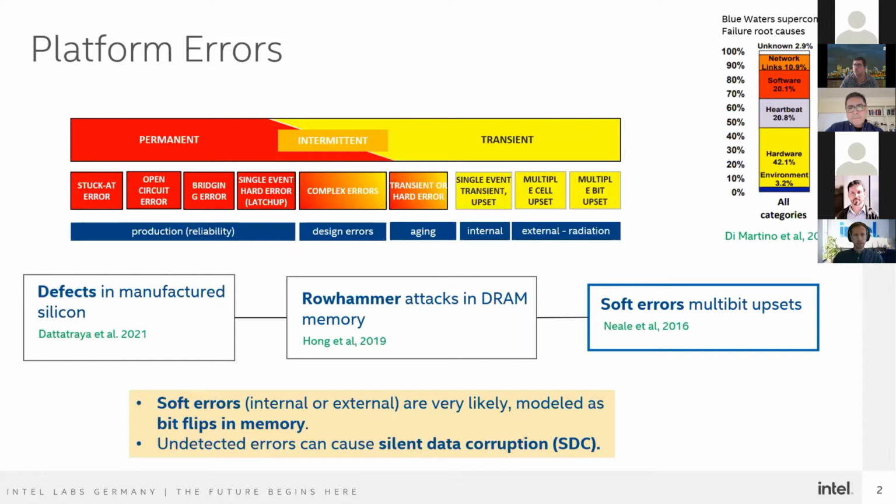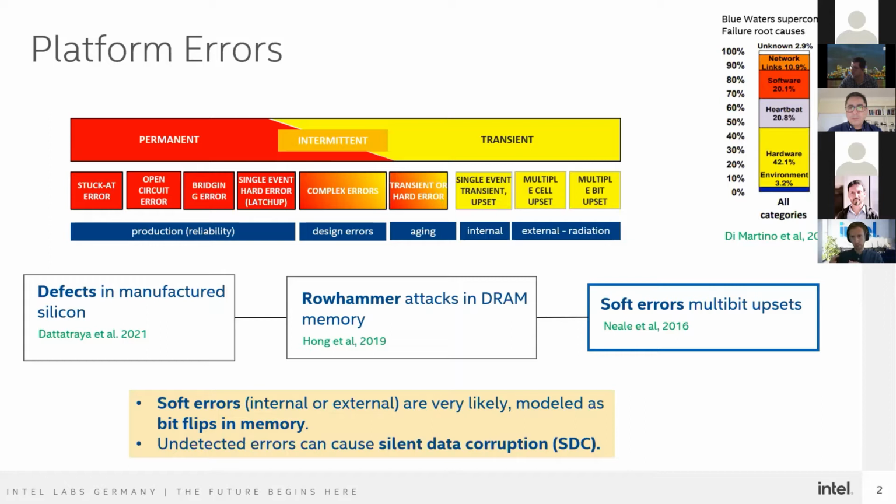A couple of studies have made this connection, where they identified how DNNs can be disturbed by platform faults. And we'd like to focus here on a specific connection between soft errors and platform faults. Soft errors are typically transient faults, and they're due to either electromagnetic leakage on the chip or external radiation of neutrons, for example. We can model those most commonly as bit flips in memory elements.